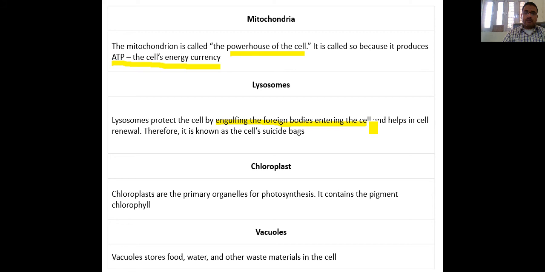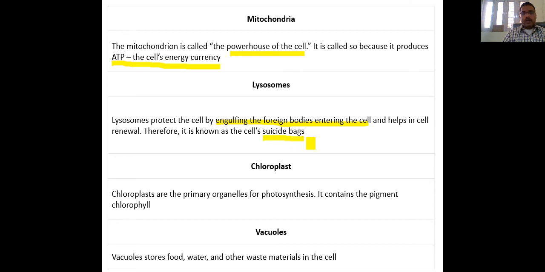That means when there is an excess of toxic elements, the lysosomes damage that cell and then renew that cell in the body. Since they destroy things by themselves, the lysosome is also known as the suicide bag.